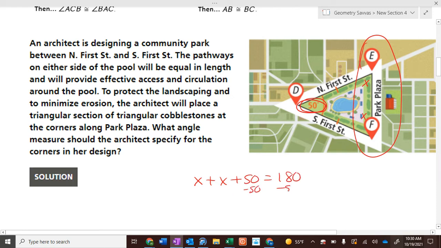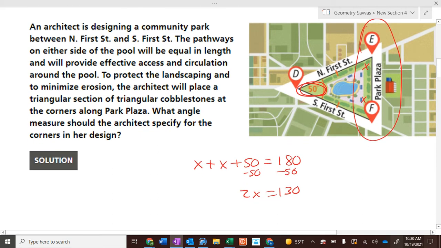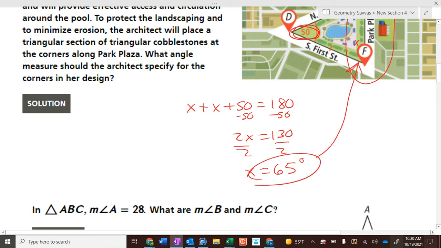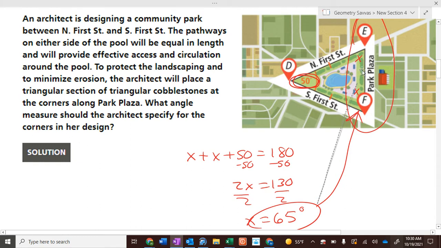If we subtract the 50, 2x equals 130. That's how much is left for those two angles. And if we divide by 2, each angle is 65 degrees. Both E and F are 65 degrees.